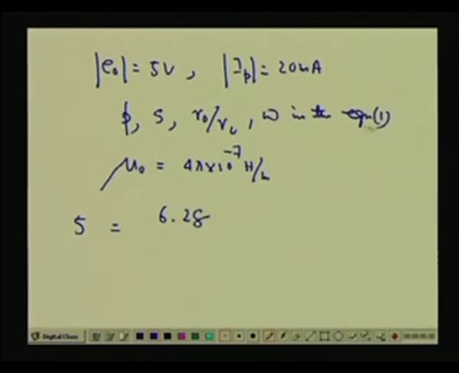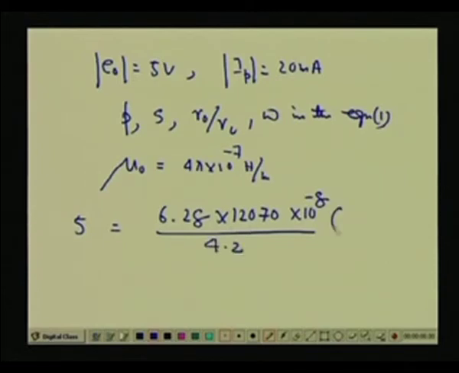After plugging in all these values of P, S, RO by Ri, omega in equation 1 and putting mu naught equal to 4 pi 10 to the minus 7 Henry per meter, we get on the left hand side 5, because E naught is 5 volt, which will be equal to 6.28 into 12070 into 10 to the power minus 8 upon 4.2 NP NS.